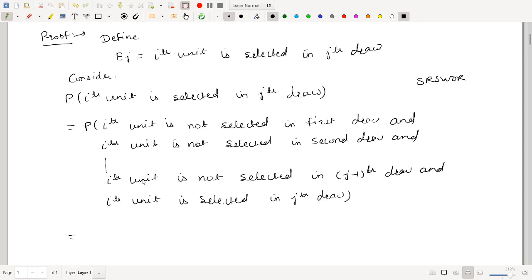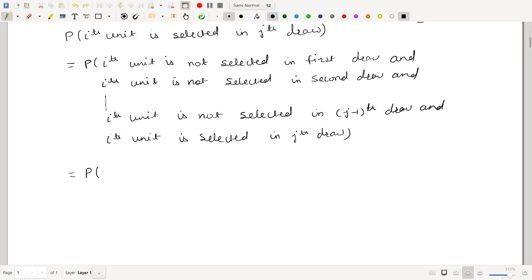So this is probability of E1 bar intersection E2 bar, where bar means complement, up to intersection Ej minus 1 bar intersection Ej. Right? Because here ith unit is selected in jth draw, and we denote this event by Ej.